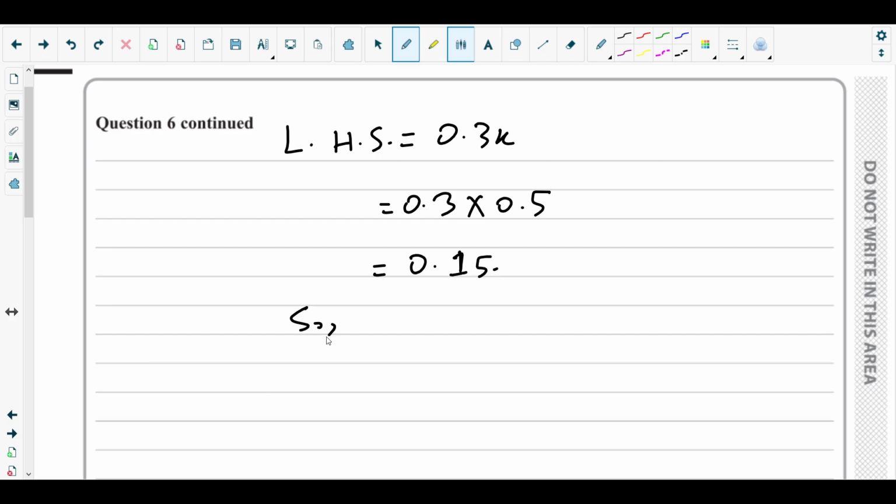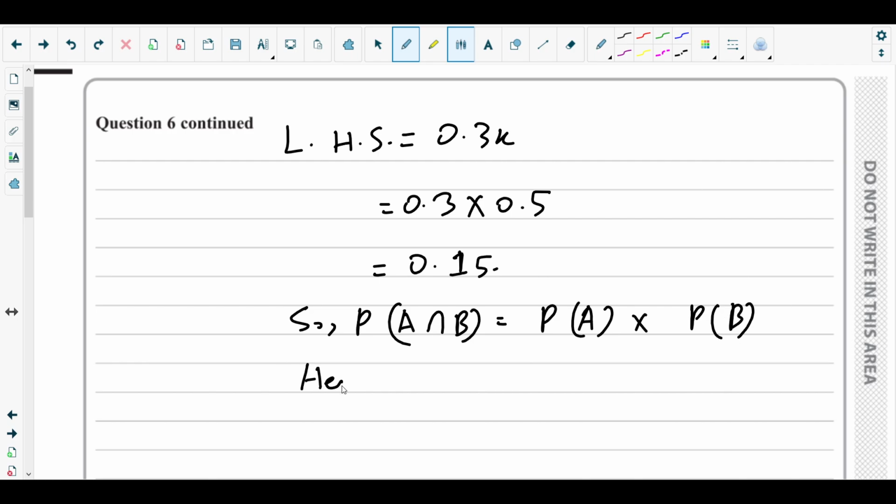So probability of A intersection B equals probability of A times probability of B. Hence A and B are independent events.